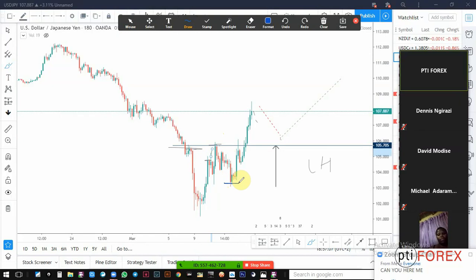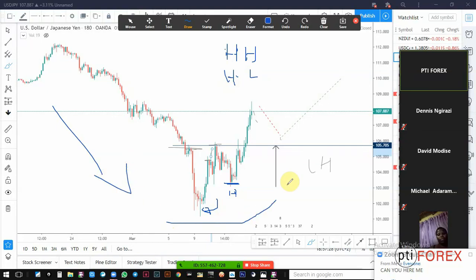And the low here is now higher than the previous low. Which means the market is now starting to form higher highs and higher lows, meaning the momentum has changed from a downside momentum. It has begun to be an upward momentum.